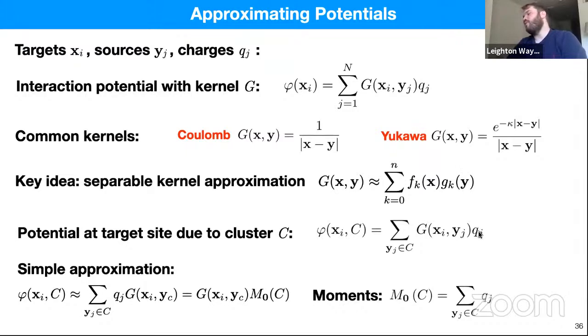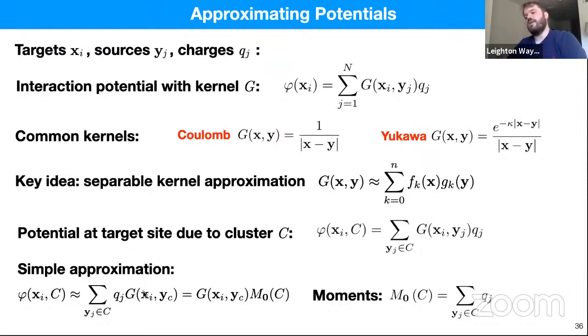A very simple way to approximate it would be to simply take all of your source particles in that cluster and replace them with one fictitious particle at the center of the cluster and make the charge of that fictitious particle just equal to the sum of all the charges in that cluster.